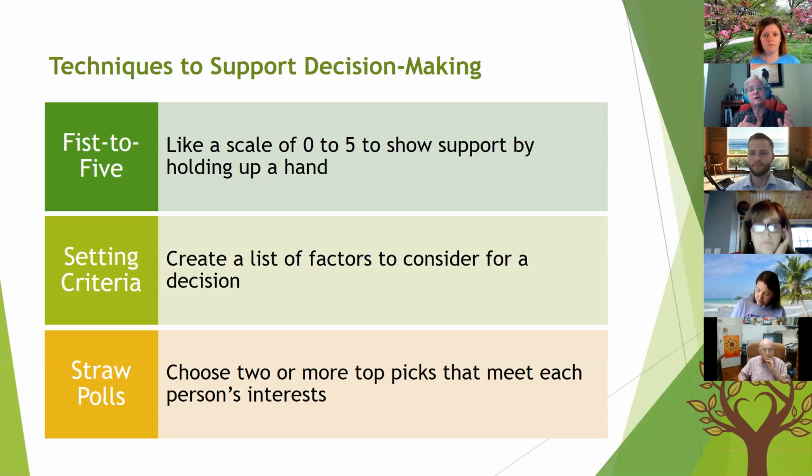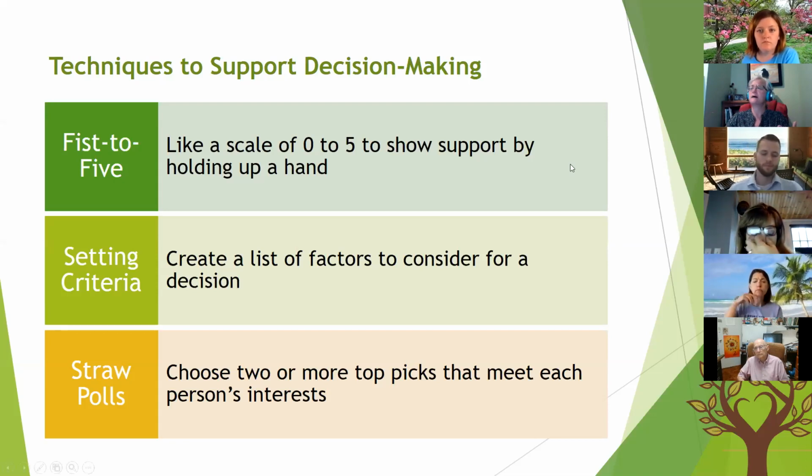And so what you can do is say, let's set some criteria that we want to use to make this decision. And so you actually create a list of written criteria that the group then comes to agreement on, and you use that list to then do some straw polls or some sort of activity to make a decision around that meeting.